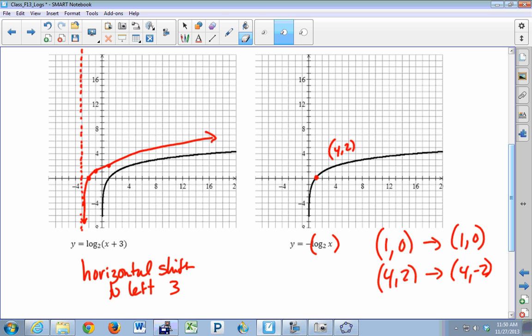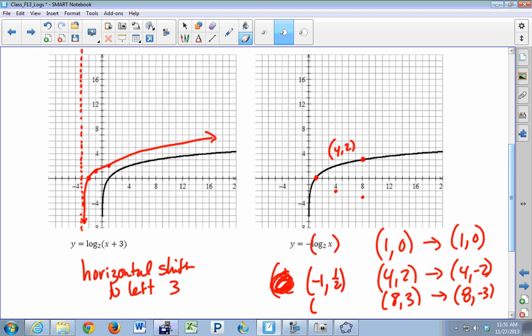So 4, -2 is right here. 8, 3 becomes 8, -3. Let's try some of the ones as we're getting closer to 0. When x is -1, we were 1/2.